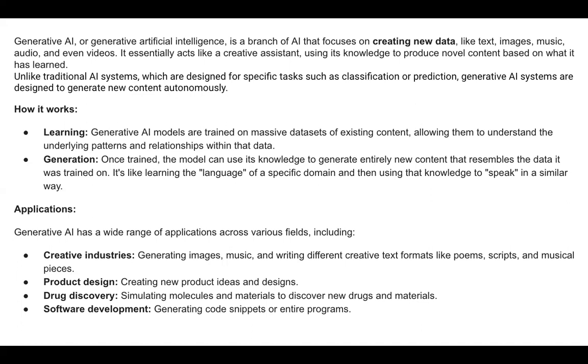What are the traditional AI systems used for? Traditional AI systems are used for prediction, classification, but generative AI systems are used to create new content. Okay. So how does it work? First, it needs to learn, whether it's traditional AI, such as classification, prediction, or generative AI.